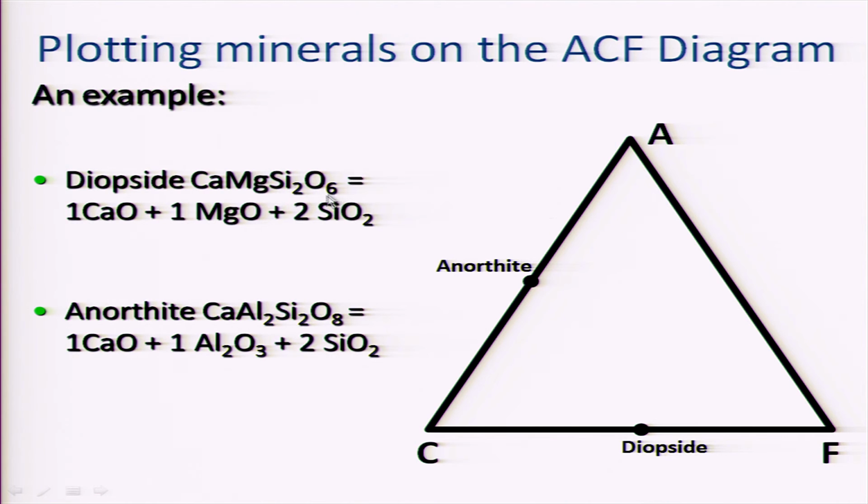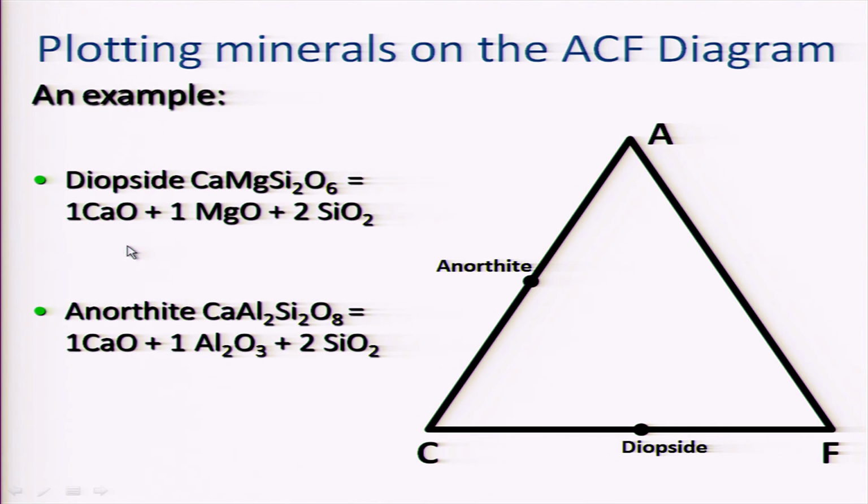If we break this down in terms of the components which we are using as system and phase components, that is oxides, then it gets broken down into 1 CaO, 1 MgO and 2 SiO2. Since SiO2 we are not considering in this diagram, now we will calculate the plotting position of diopside. For that we will say A is equal to 0, because in this mineral there is no Al2O3. So, A will be 0, which means that it will be plotted on the CF line.